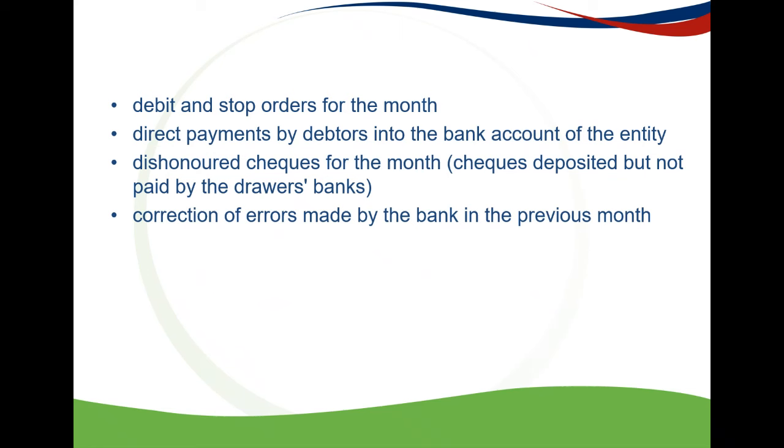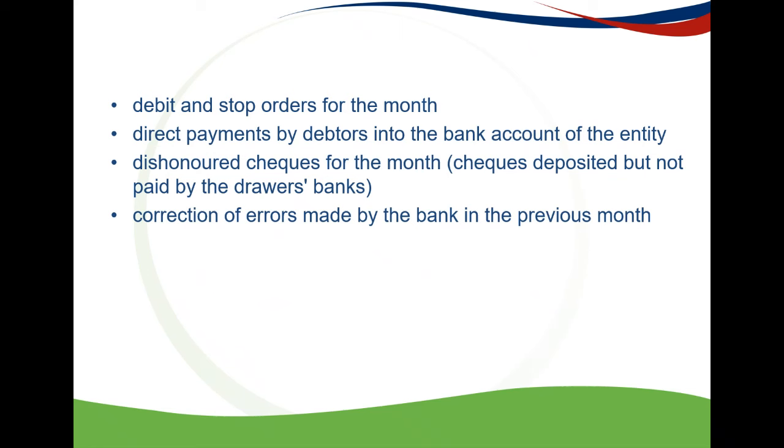Therefore, in my bank reconciliation statement, it will also reflect on the credit side. If there are debit entries that must go through my bank statement, then those debit entries will reflect on the debit column of my bank reconciliation statement.